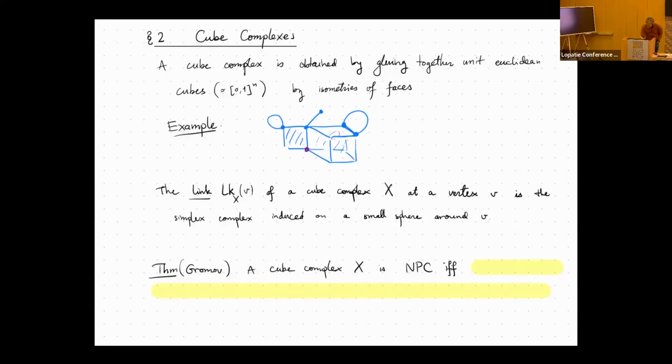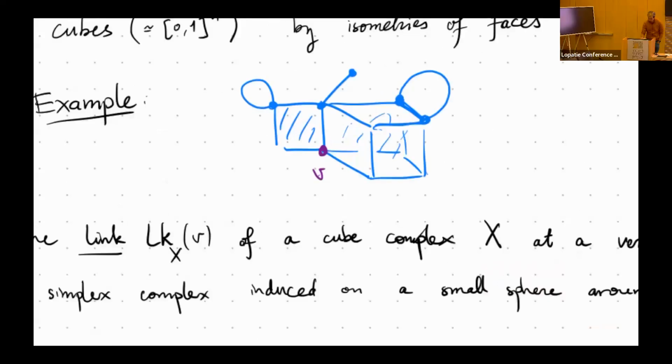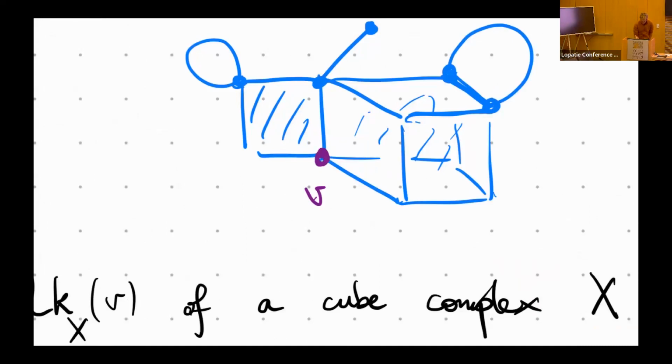If this is my vertex V, I can consider the link. I'll draw a small sphere around this vertex. It would look something like that.